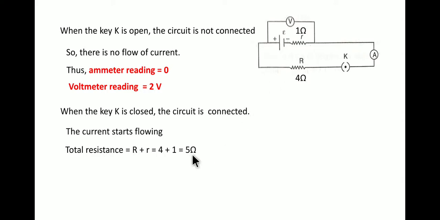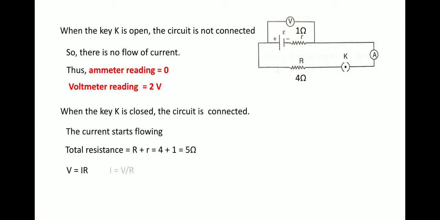All right, now we need to find out how much will be the ammeter reading. In order to find the ammeter reading, we have to find the current. The current will flow through the resistance with the potential difference of 2 volt, right? So we will use Ohm's law over here, which says that V is equal to IR.